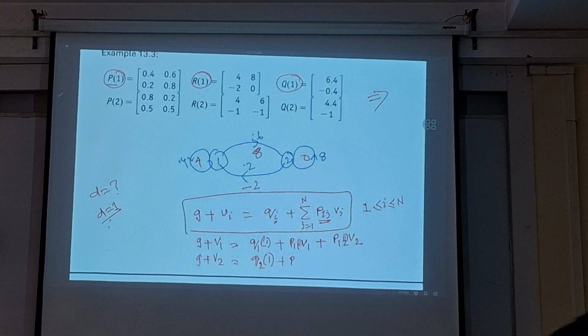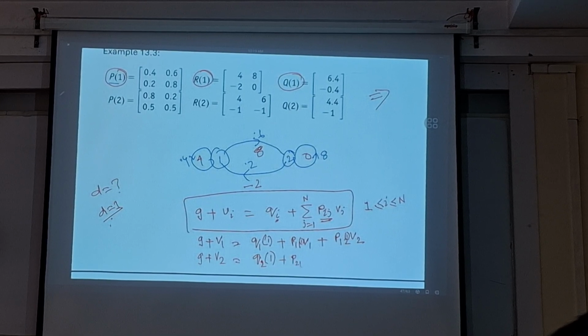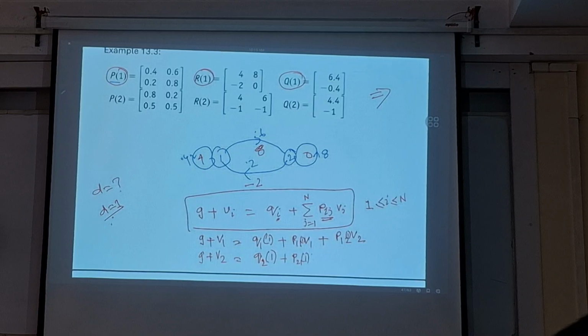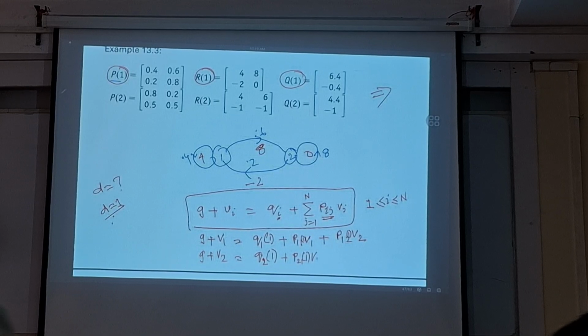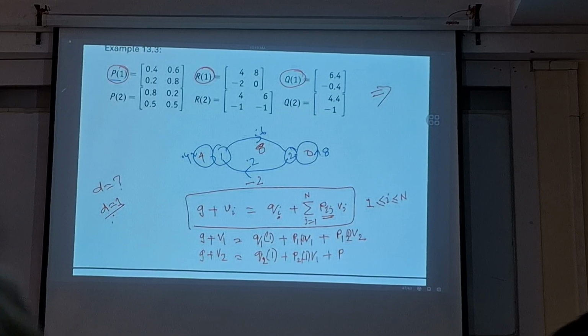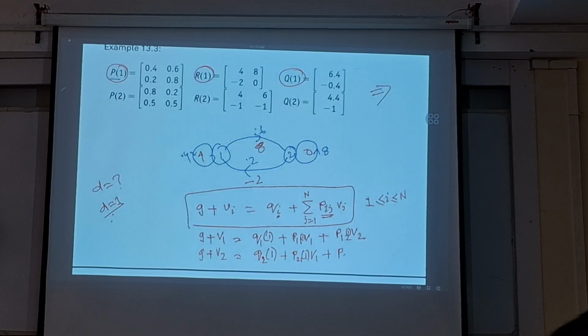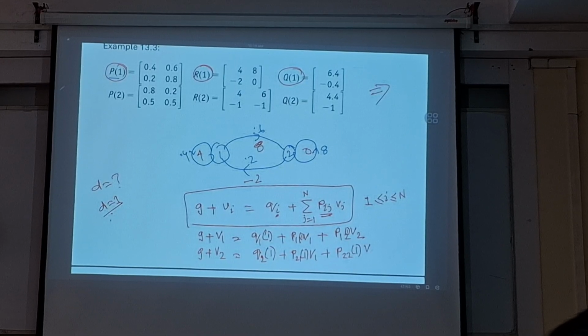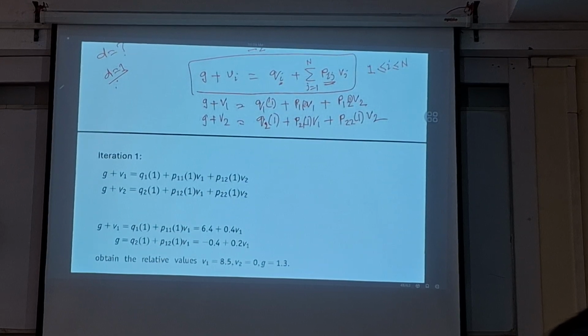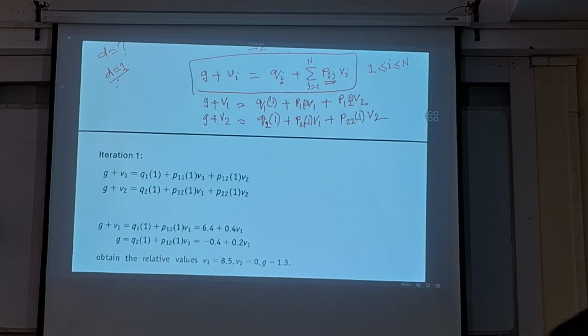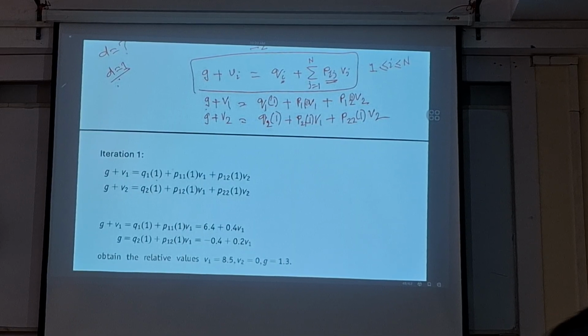I is equal to 2 means this is 2 1, then policy 1, this is 1 plus 2 1. Did I write things? g v1 v1 1. Okay.